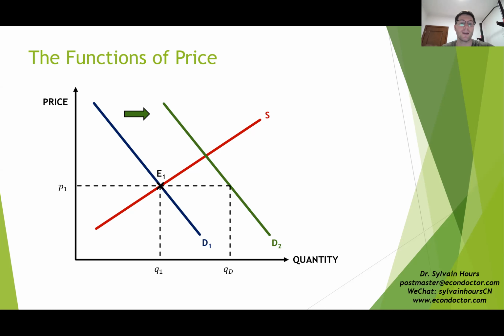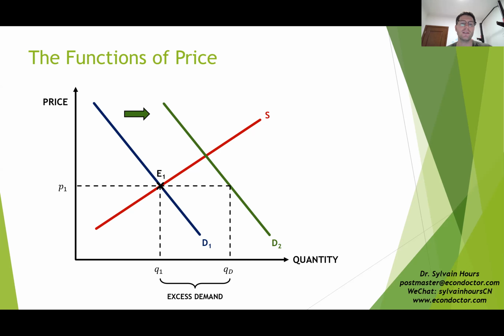But at P1, now there is a shortage, because the quantity supplied is Q1, but the quantity demanded is now QD. So the quantity demanded is greater than the quantity supplied, so there is an excess demand. And as I explained earlier, buyers have an incentive to offer a higher price to outbid the other buyers.